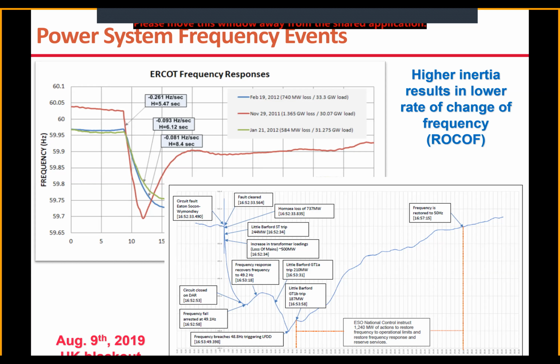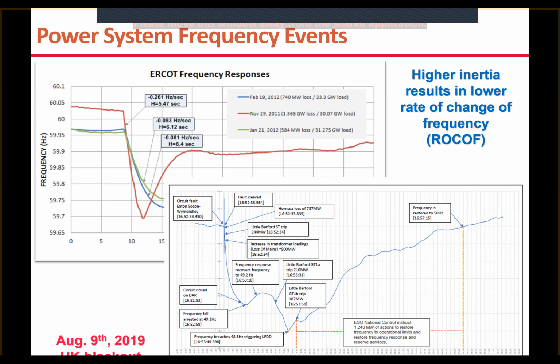It looks like the UK has lower frequency. At this lowest point it is 49.39, so the deviation is 0.7 hertz.